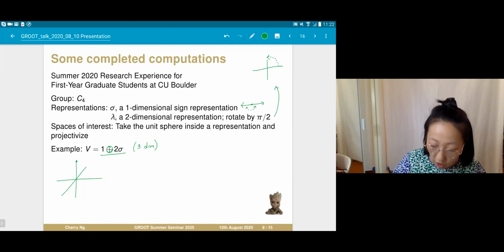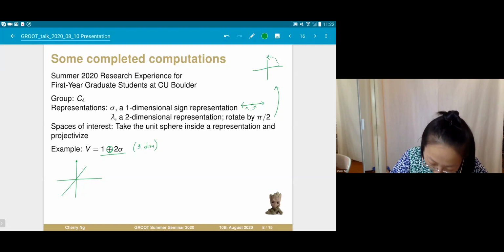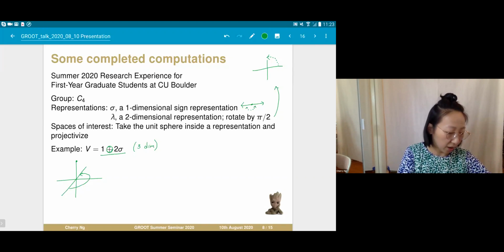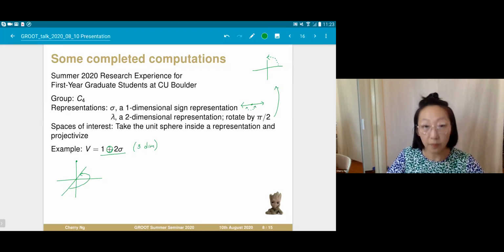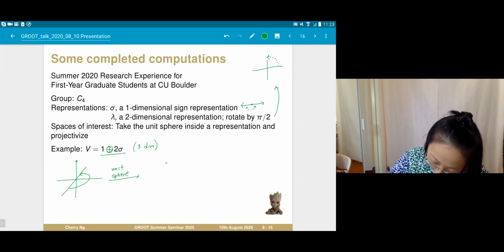So one copy of the trivial representation, let's pretend that that copy lives on the vertical axis. So this one is still. And then 2 copies of the sign representation. Like that example we did before, when you have 2 copies of the sign representation in R2, what you end up with is a rotation by 180. And so this rotates the plane by 180. So inside this, you take the unit sphere. What does that look like? It's R2.